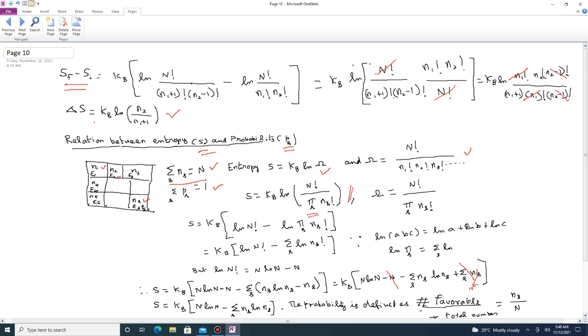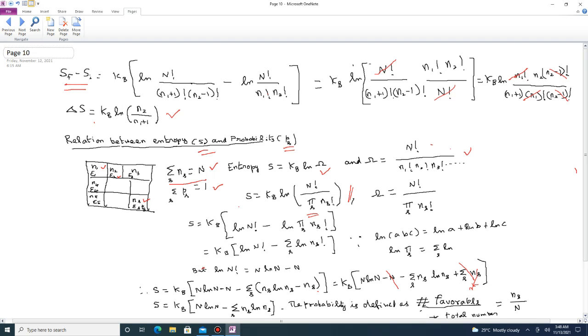Therefore, S is equal to k_B into the logarithm of N factorial divided by Pi over s of n_s factorial.